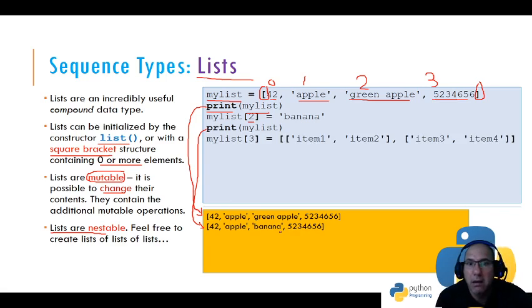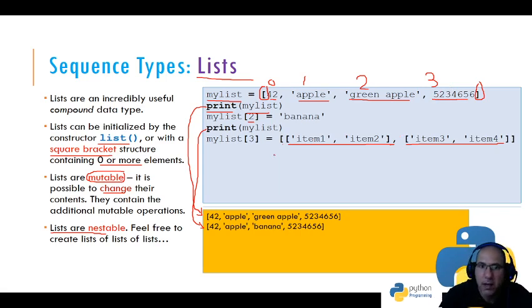I can replace maybe this number with another list. Notice this list contains another 2 lists. This is the first list, this is the second list. This is a two-dimensional array, a 2 by 2 array, you can say. I can have it replacing this number.